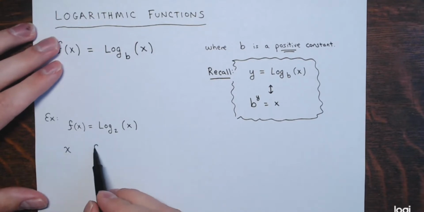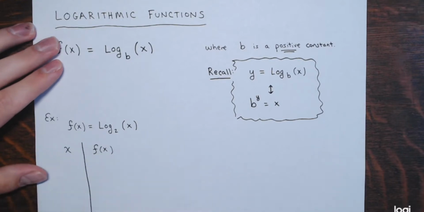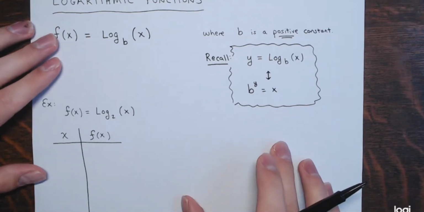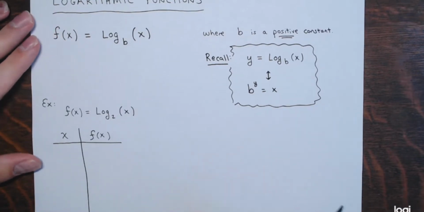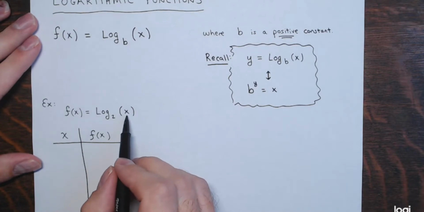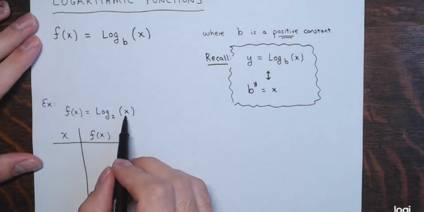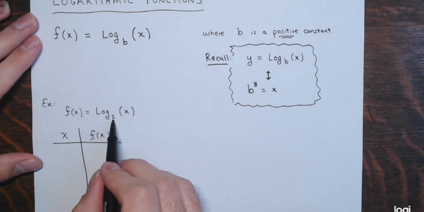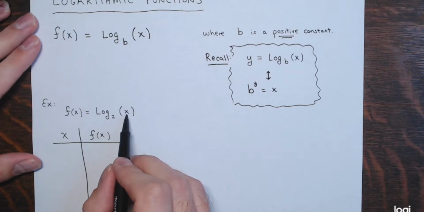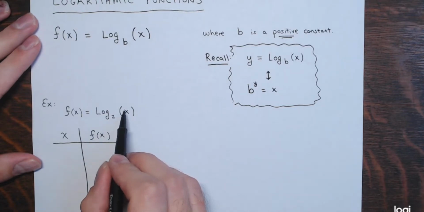So x and f of x, or x and y. And what'll give me some nice outputs here are powers of 2, because this is log base 2. So if I input a power of 2, this will give me a nice output.